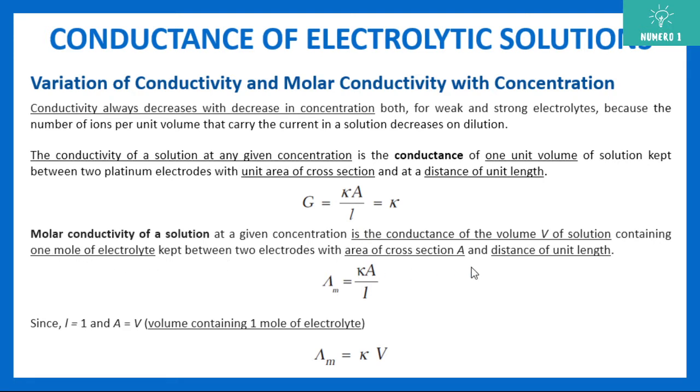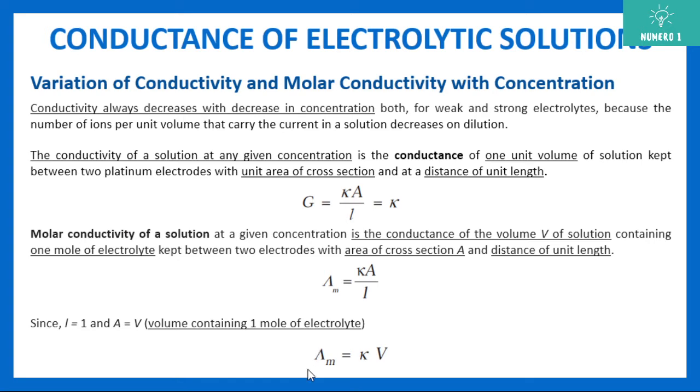And the distance L should be 1 unit length. So the molar conductivity is basically kappa A upon L. L is 1 and area is basically equal to V because it is the volume which contains 1 mole of electrolyte. So this entire quantity simply becomes kappa times V. This is your molar conductivity.